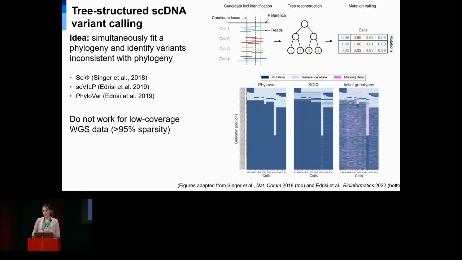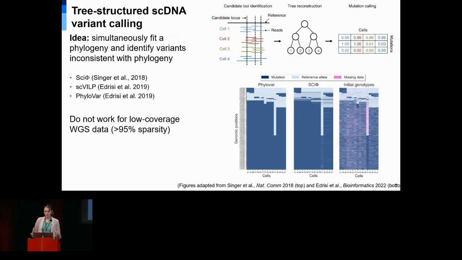So there have been several methods previously that used tree structure to try to do variant calling in single-cell DNA. The idea is that a phylogeny constrains what mutations can be in which cells, and thus you could simultaneously try to fit a phylogeny and identify variants in cells.